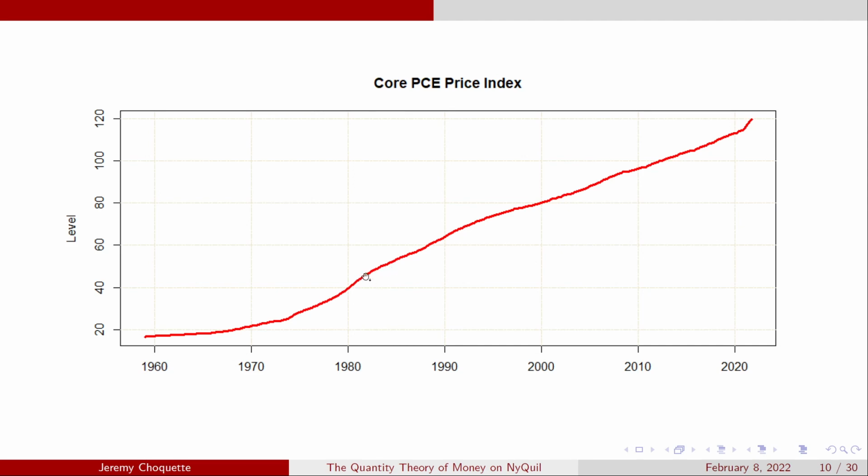Well, what happened? This is when Paul Volcker, who was chairman of the Federal Reserve at the time, essentially just cut the money supply, raised interest rates dramatically, and threw the economy into a recession for a little bit.